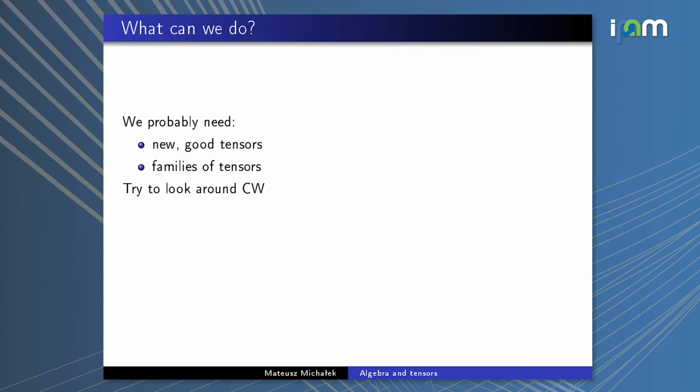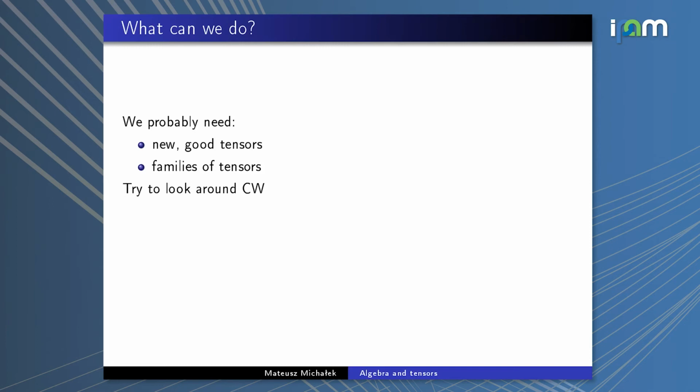Now, tensors are everywhere, and as we know, all of us encounter various tensors every day, and they are distinct. So how to detect a good tensor? Unfortunately, it is quite hard to say what will be the bound on omega from a given tensor before you actually make this whole Coppersmith-Winograd machinery run.